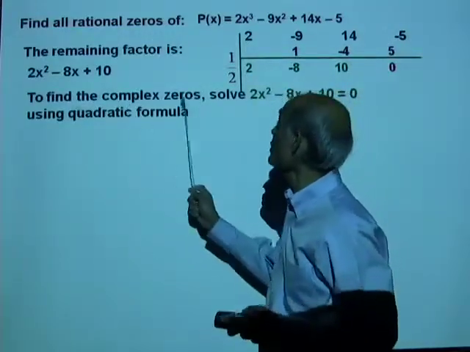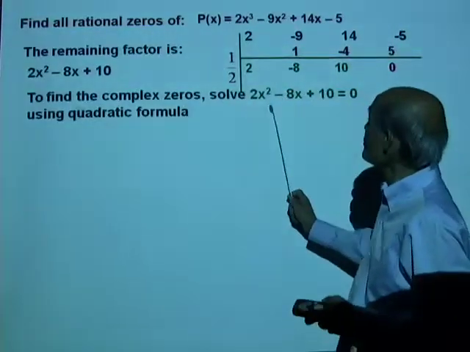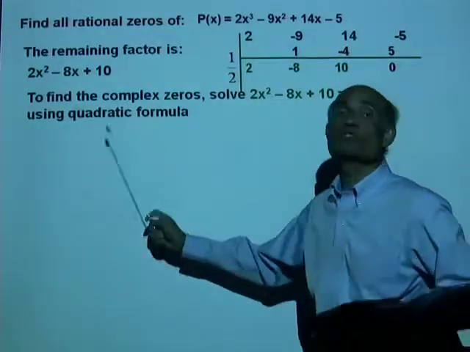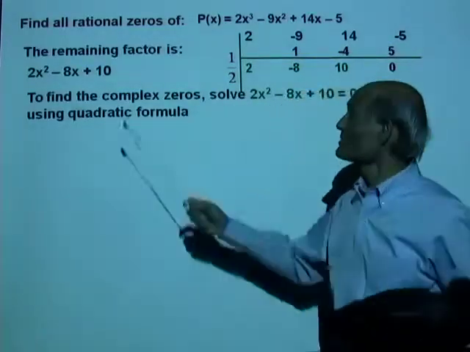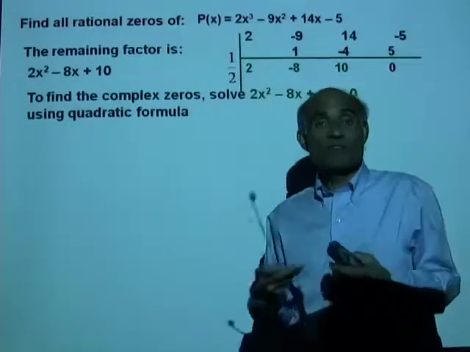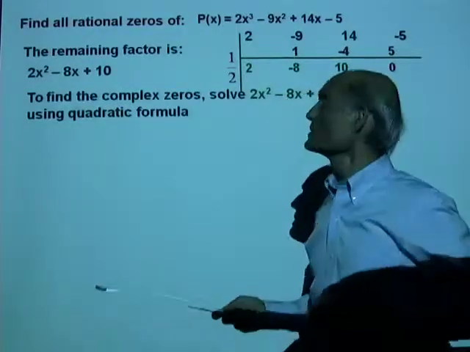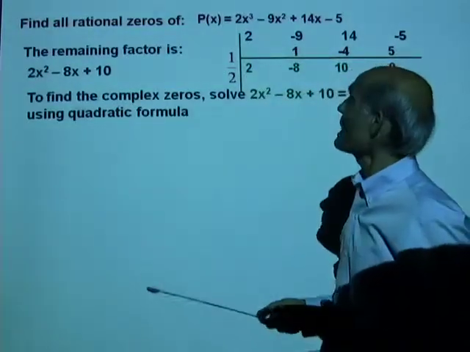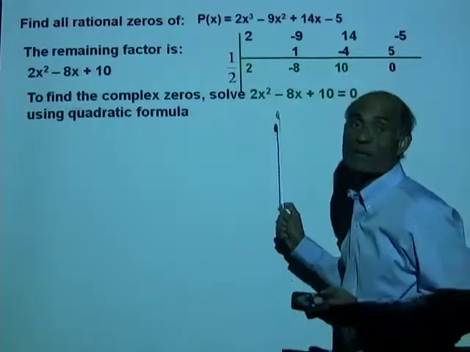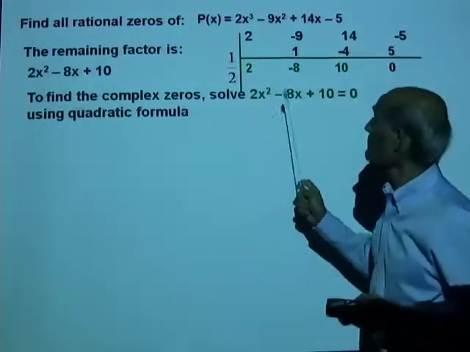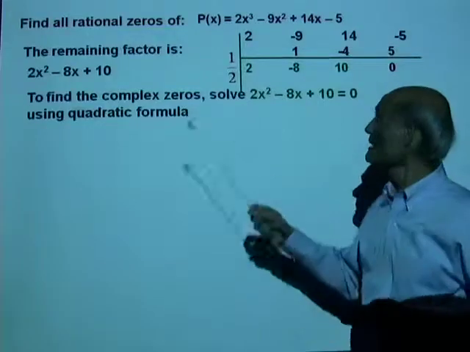Now, to find the complex zeros, we will solve this equation using the quadratic formula. Since you cannot factor it, you know it's not going to be real zeros, so we've got to use the quadratic formula. Again, we did that in the first part of this lesson.